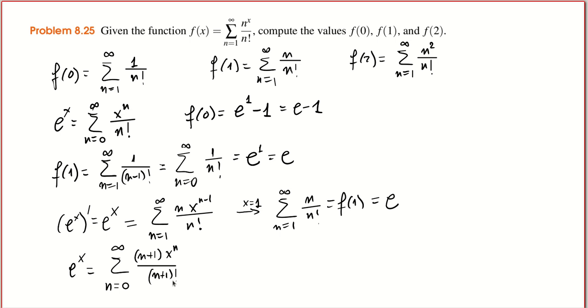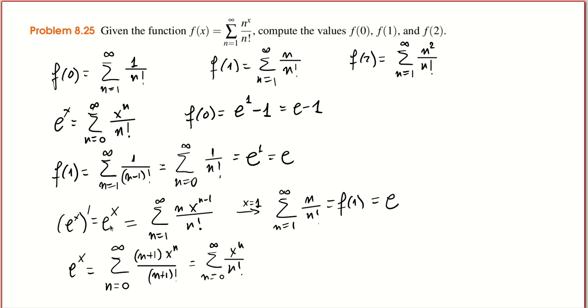No, sorry, this is not a good way because if you simplify the n plus 1 here and there, you just recover the expression of the exponential, which makes sense because the derivative of the exponential is just the exponential.